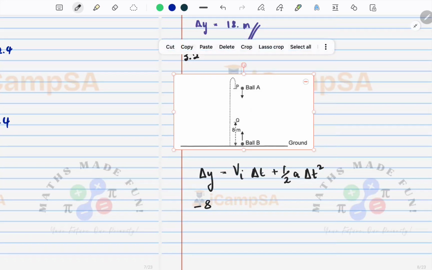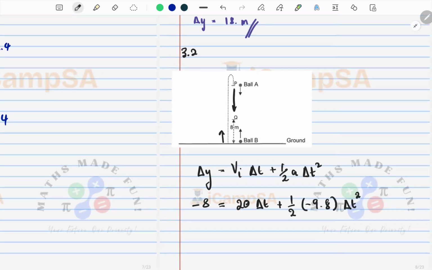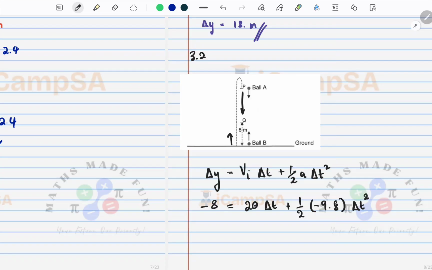Then it's going to be equal to our VI, which is 20 meters per second because we are drawing it out, times delta T, plus 1 over 2 times minus 9.8 times delta T squared. Then you can use this to get your answer.